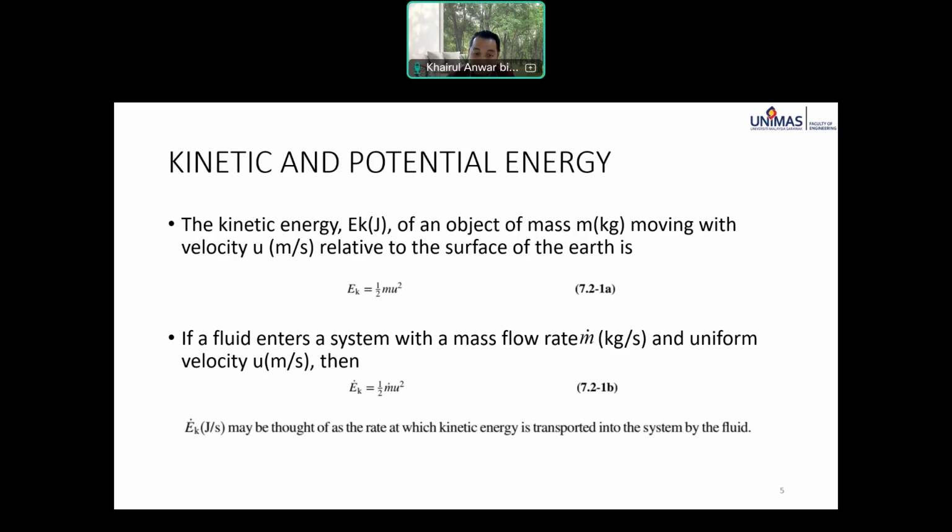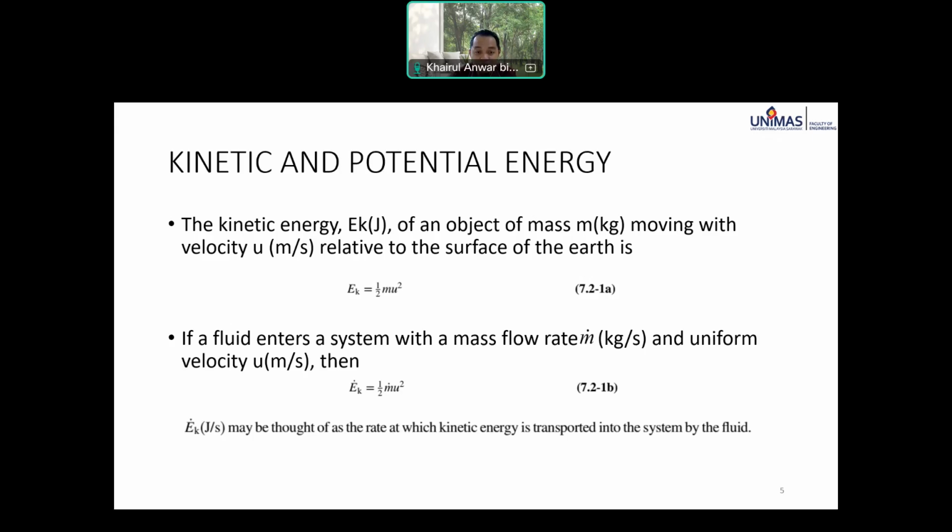Kinetic and potential energy, the equations referred to as 7.2-1a and 7.2-1b. 7.2-1a is the normal equation, 1 over 2 m u square.